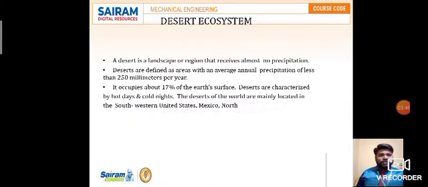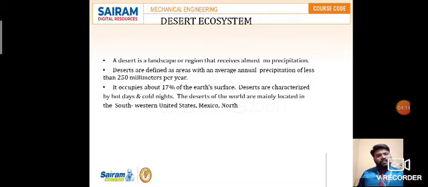Now coming to the desert ecosystem. A desert is a landscape or region that receives almost no precipitation. We know there are a number of deserts in India. How does it look? Sand particles. Sometimes it is extremely hot, sometimes extremely cold, and there is not sufficient water available.